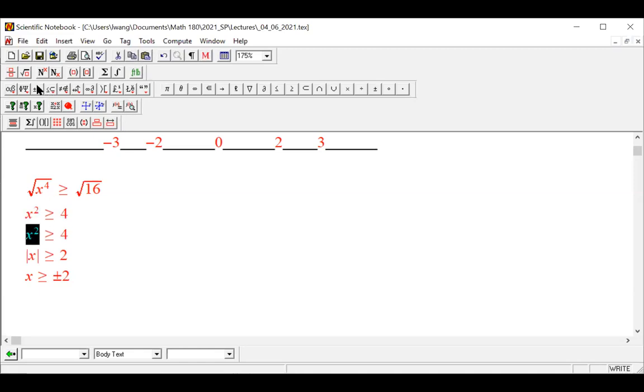You have to take the square root one more time to get the 2. Do you follow me? Just by taking the square root once, you're not getting to absolute value of x is greater than or equals to 4. Okay, then you get to the next step. Do you follow me?